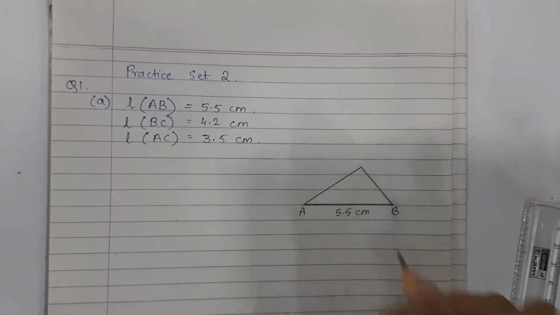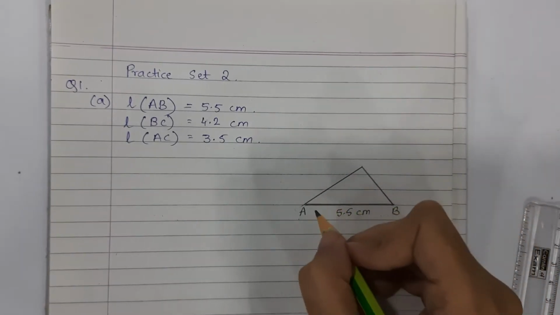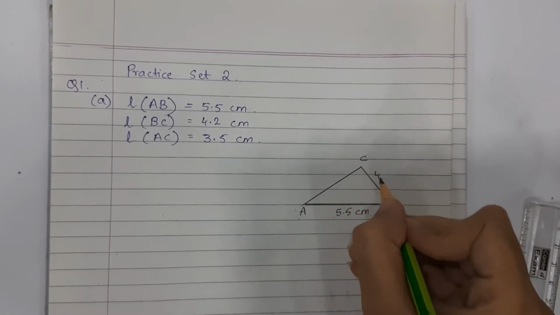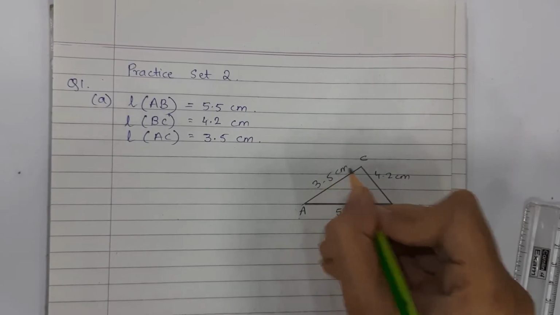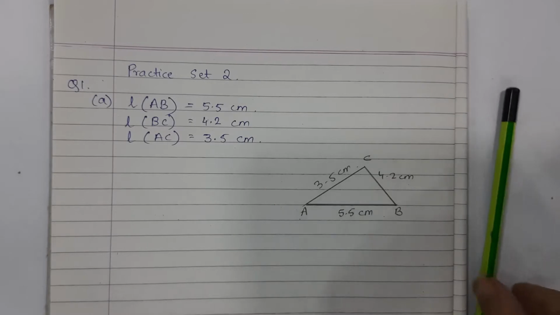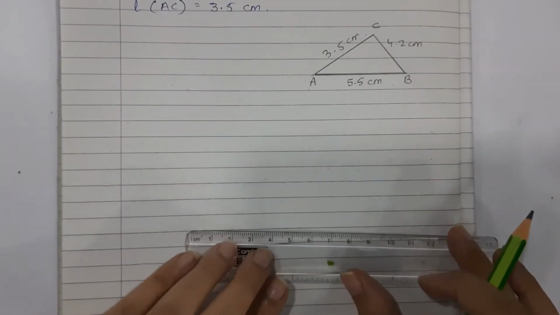AB I have taken as the base, the longest length, 5.5 centimeter. Then the third point will be point C. As we can see, length BC is 4.2, so accordingly I have written 4.2 centimeter, and length AC is 3.5, so accordingly I have written 3.5 centimeter.